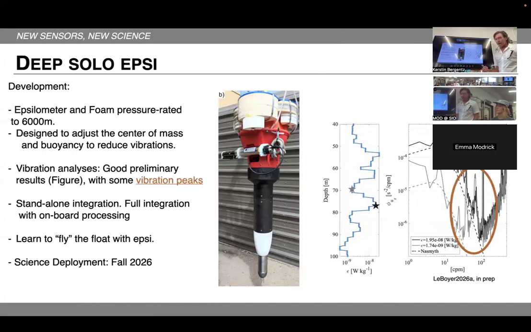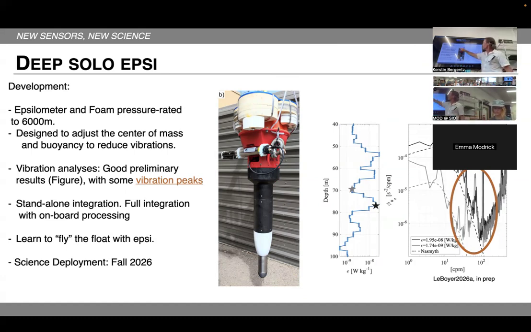And then this is another gadget that we've just built, and it's been tested once. We need to test it one more time. If anybody knows what an Argo float is, deep Solo floats are very different from Argo floats. They're basically round. It's basically a hard hat, because that was the best way to protect the electronics down at 6,000 meters.